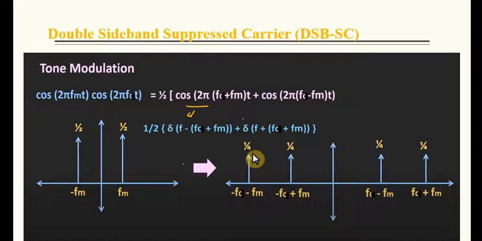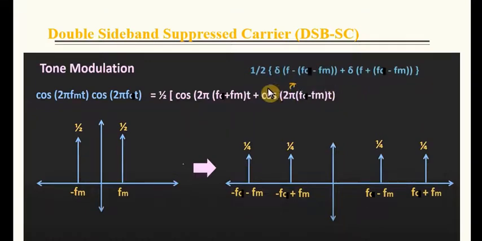This is the Fourier transform. And for the second one, this will be represented by fc minus fm, this component, and this component is minus fc plus fm. So this component here, and this one is fc minus fm here.